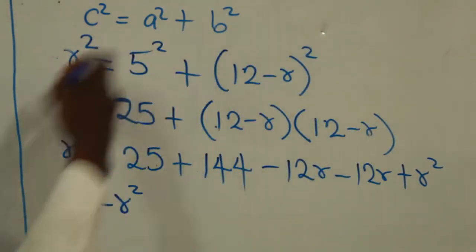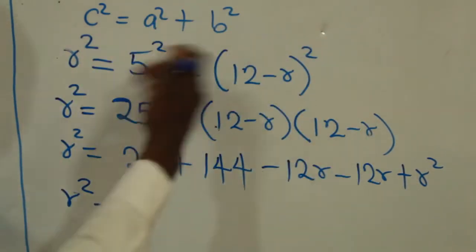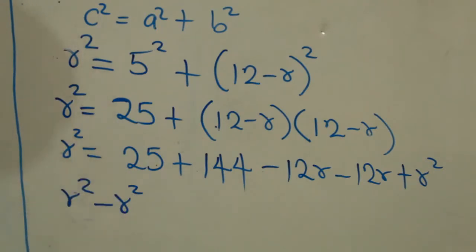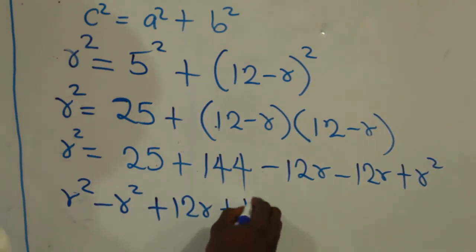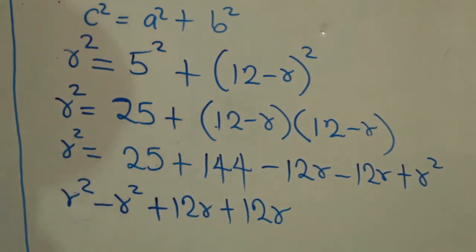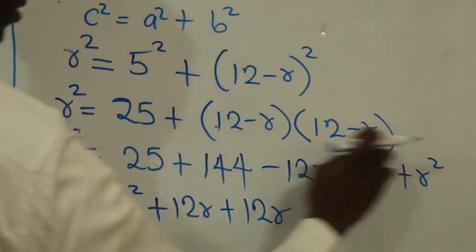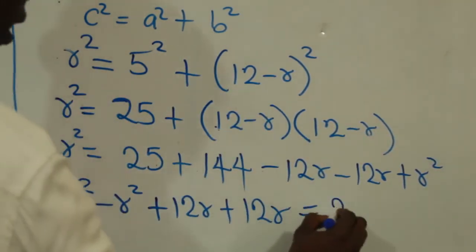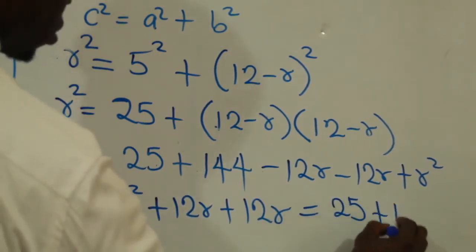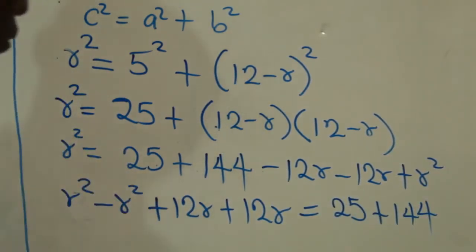When minus 12R is coming over to this side, it turns plus. So it becomes plus 12R plus another 12R. So I have been able to take all the R terms to this other side. So I'm left with 25 plus 144.